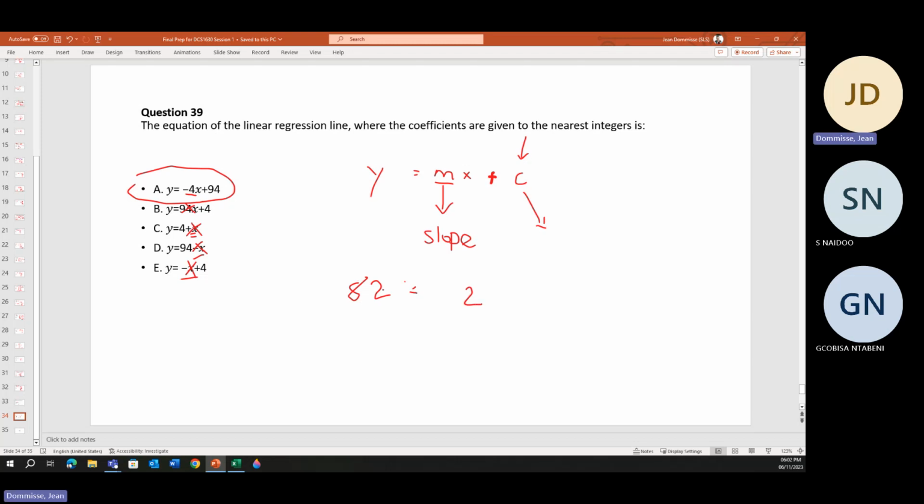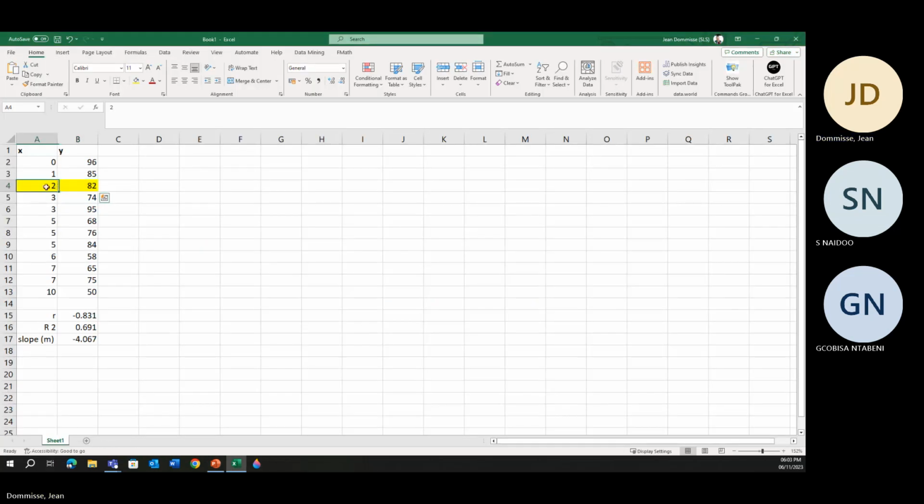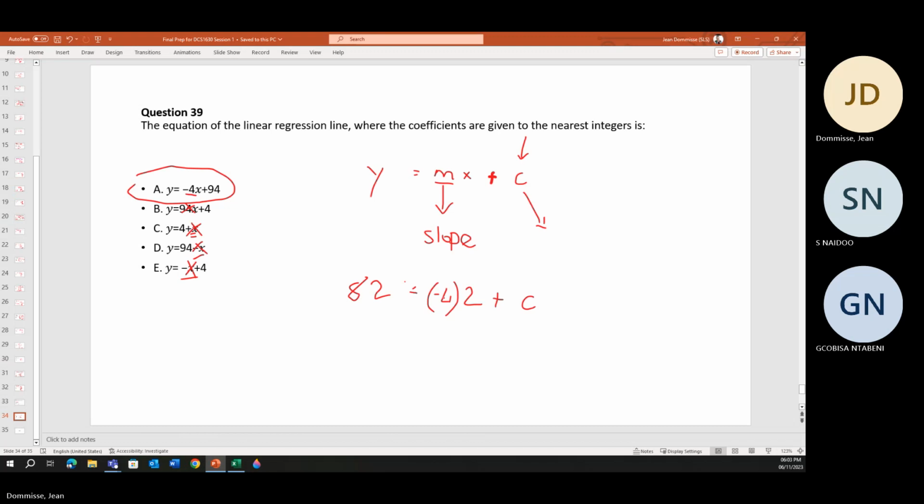Remember, our slope was... again, I just want to quickly make sure I'm using the right numbers. And so this again is not giving us what we're looking for, because that will give us C is equal to 90, and we want to get to 94.